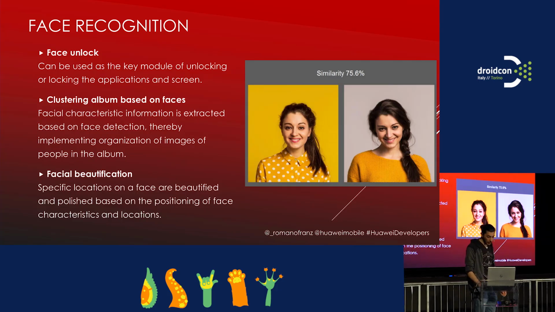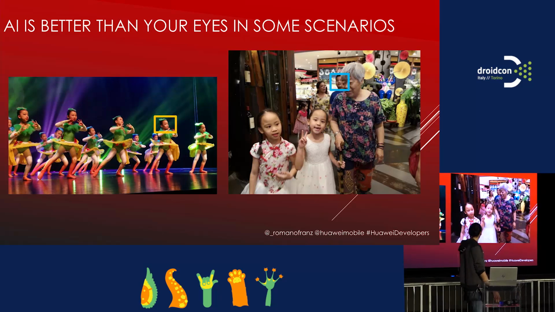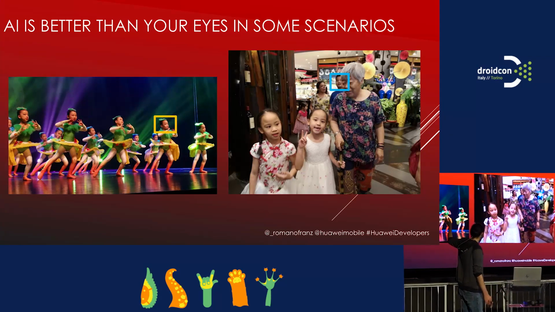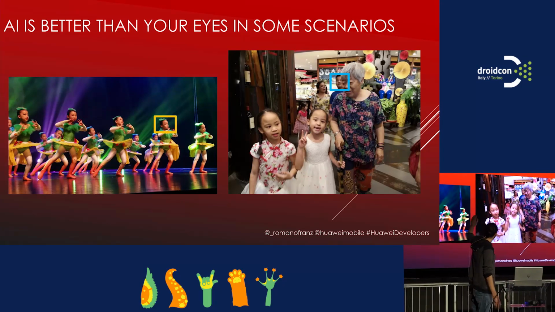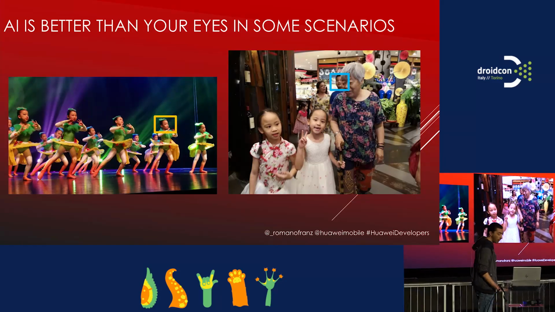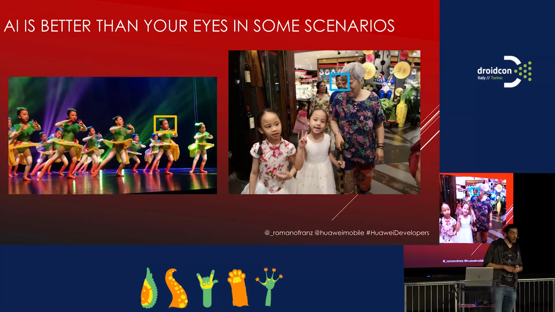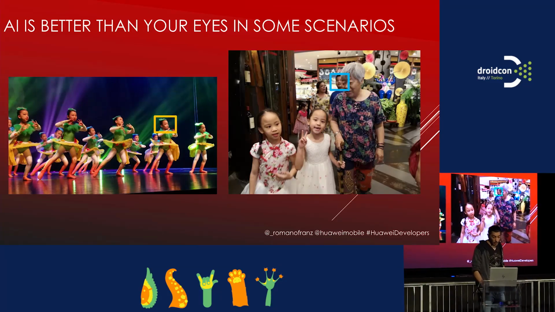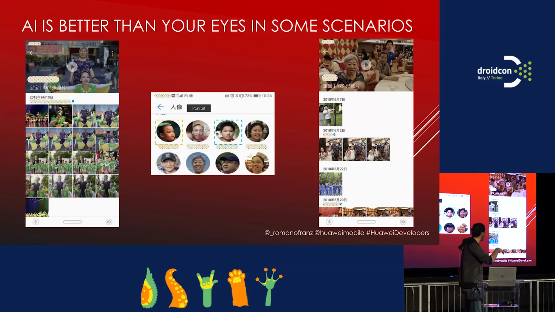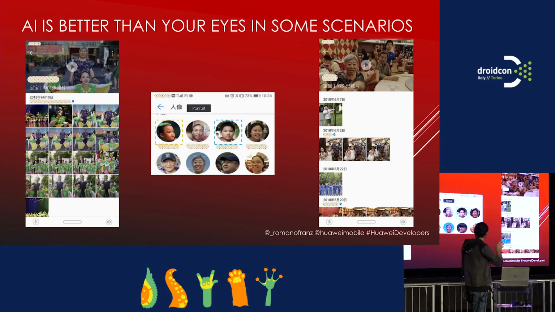But in some scenarios, I guess you are not able, for example, to distinguish the different dancers or the guy behind the old woman. But actually, in the MUI gallery, if you take a look, you try it, you are able to see all the pictures that include these two kids.